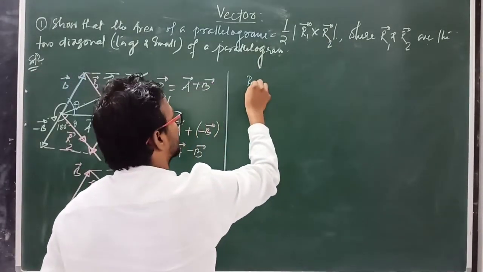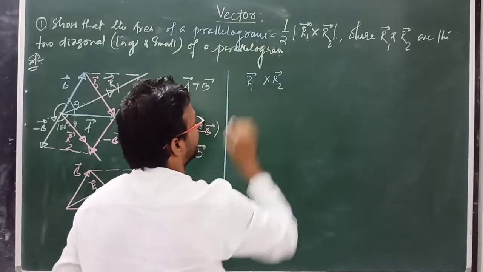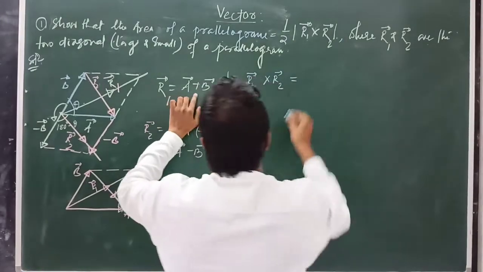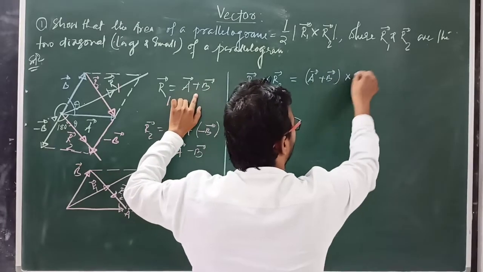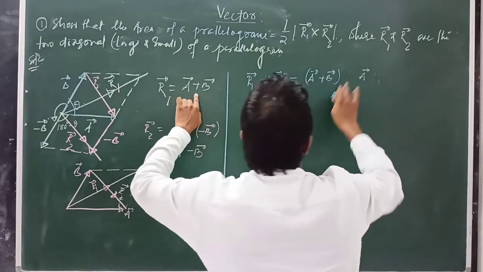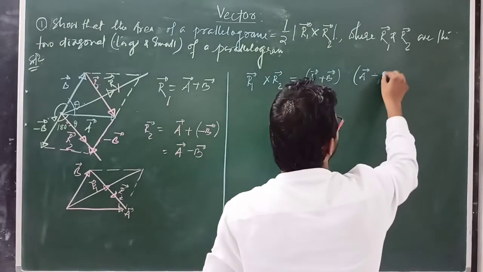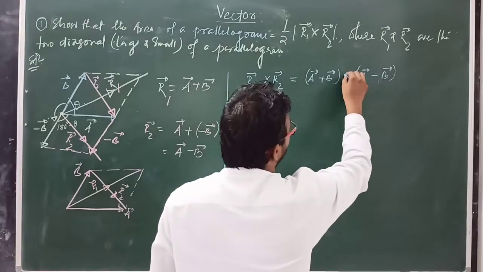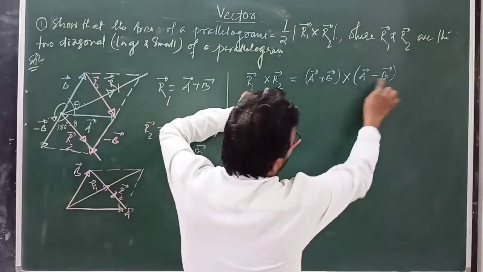Now multiply, meaning cross product. Suppose I am writing here r1 cross r2, the cross product of two vectors, r1 vector cross r2 vector, which equals r1, that is a plus b, cross r2, which is a minus b.